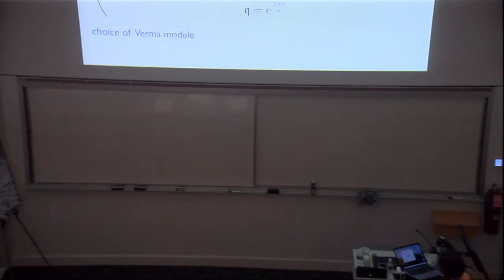Okay, so now this cohomological vertex function simply counts the holomorphic maps from D to x check, working equivariantly. Now, the roles of equivariant and scalar parameters get switched between x and x check. So now equivariant parameters have to do with the choice of Verma module, and also the scaling of the holomorphic symplectic form of x check.